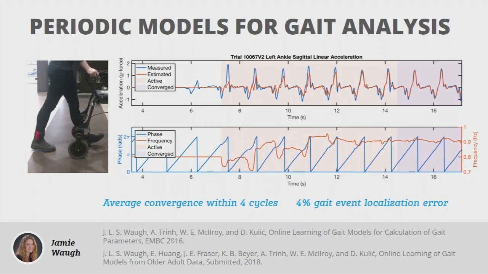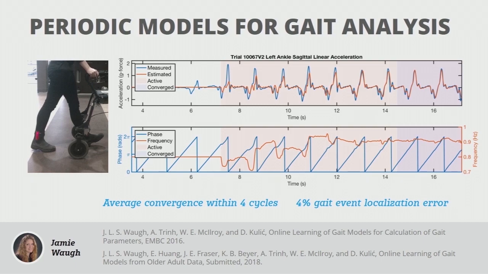And there are a number of important clinical parameters that are already well known, such as stride variability and stride symmetry, that do not require pose estimates. So in collaboration with Bill McIlroy's lab in kinesiology at the University of Waterloo, we have been investigating whether we can generate these gait parameters from the raw sensor data without requiring pose estimation.